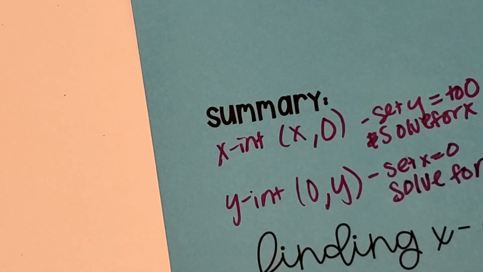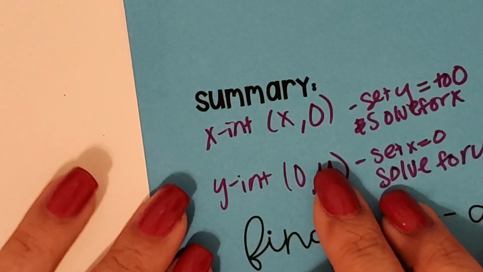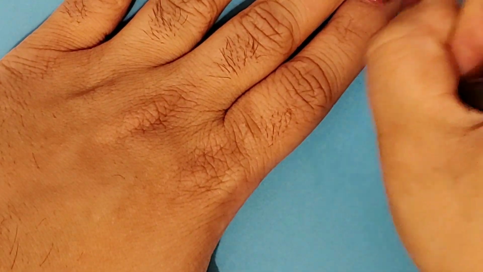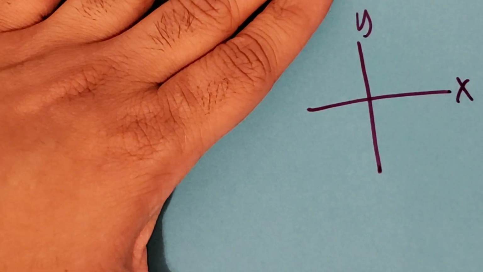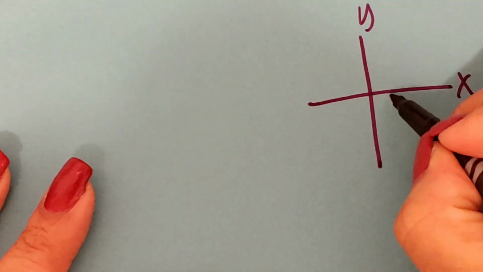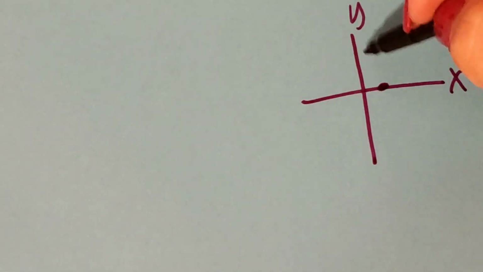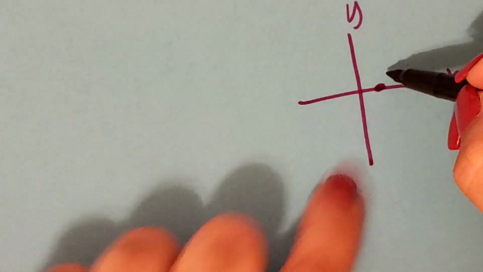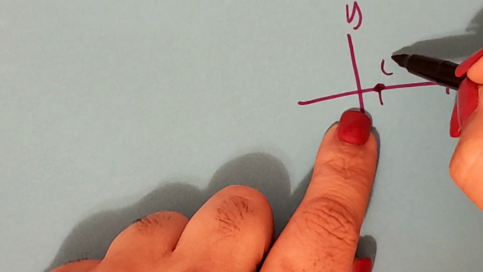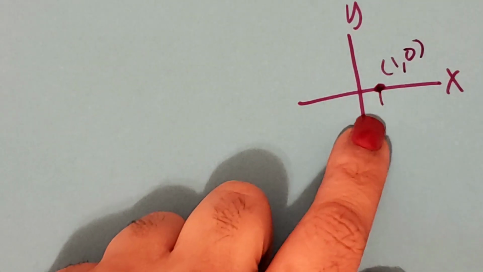Now the reason why this ends up working, I'm going to show you on the back of this right here. If we had a coordinate plane right here, we've got our y and our x. What ends up happening is that if this were my x-intercept, the point where my line crosses the x-axis, then this would be some number, let's say that's 1, and then 0.